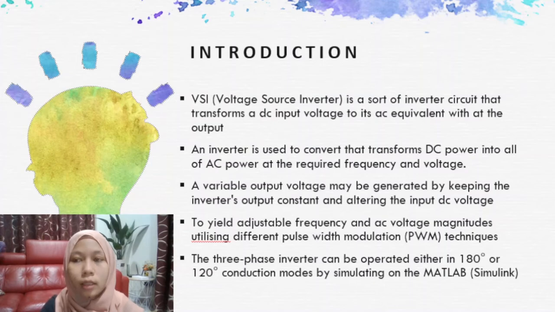An inverter is used to convert DC power into AC power at the required frequency and voltage. Voltage source inverters are also commonly used to drive AC motors, especially in three-phase systems.